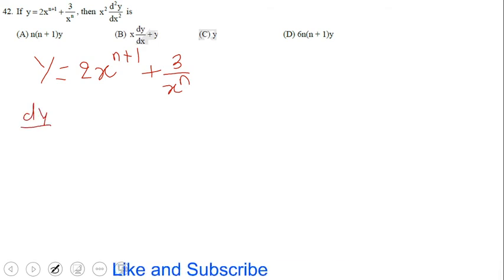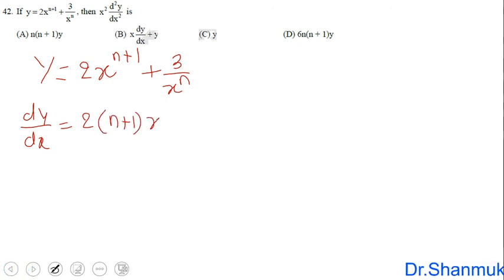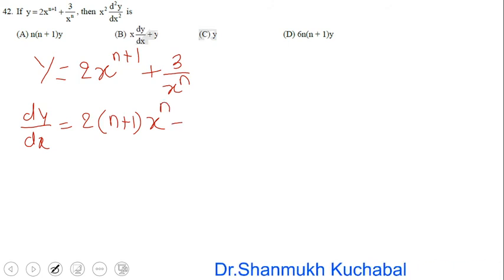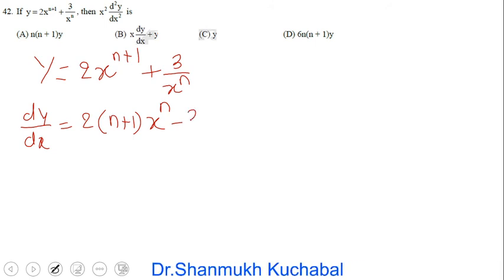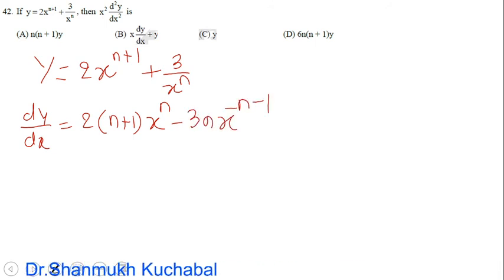Differentiation will be dy by dx. So we get x raised to n, differentiation as n x raised to n minus 1. So it is 2 into n plus 1 x raised to n, minus 3n x raised to minus n minus 1 here.